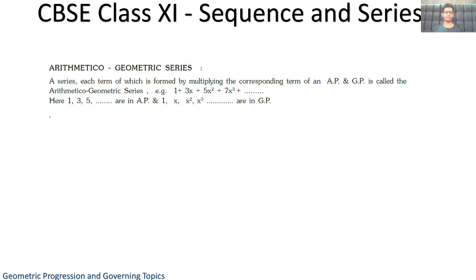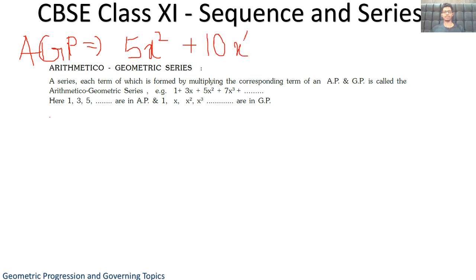For example, let's say an AGP is given as 5x square plus 10x to the power 4 plus 15x to the power 6 plus 20x to the power 8 plus, Ravi, tell me what should be the next term? What would be the next term?